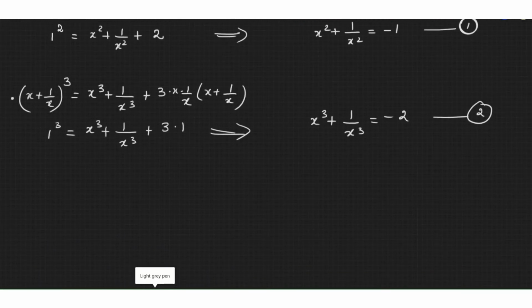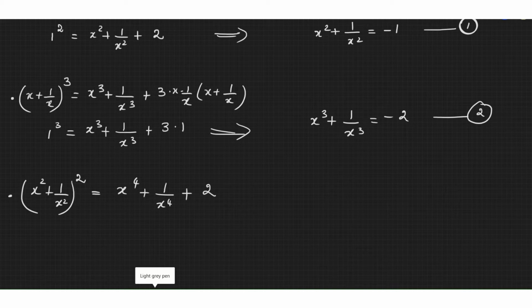Let me get the value for x squared plus 1 by x squared the whole squared to find the value for x to the fourth plus 1 by x to the fourth. So I am taking x squared plus 1 by x squared the whole squared using the same formula a plus b the whole squared. I know that this is x to the fourth plus 1 by x to the fourth plus 2.